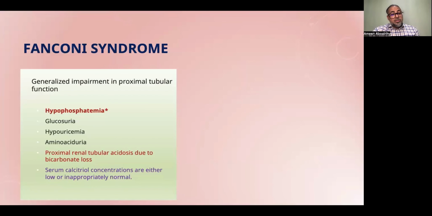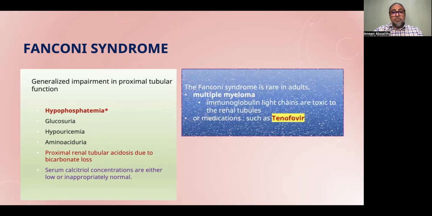Yeah, this is Fanconi. So Fanconi is a problem in the proximal tubular function. Hypophosphatemia is the main player in there, and all of those elements would be lost in the urine: glucose, uric acid, amino acids, and there is proximal renal tubular acidosis as well.